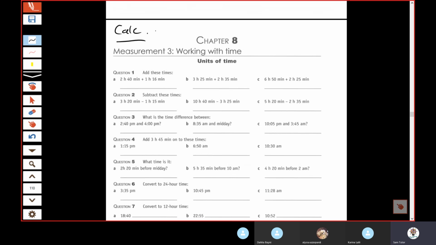So 2 hours and 40 minutes, you would press 2 and then the bubble button. We're going to call it the bubble button. And then you would put 40 and then the bubble button again. Plus, you would write 1 bubble, 16 bubble. Just go ahead and quickly try that so you can understand how it works.